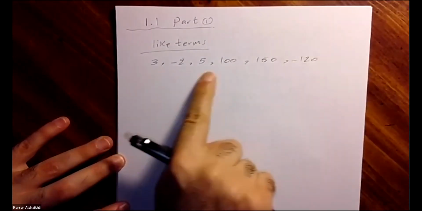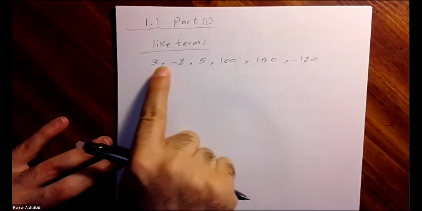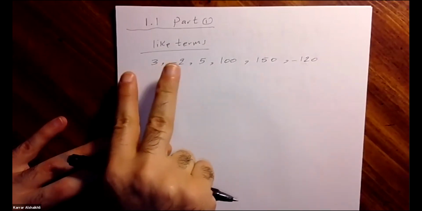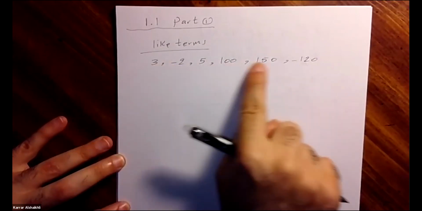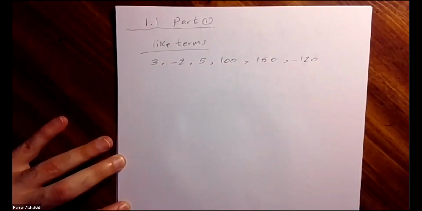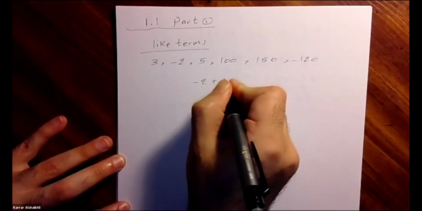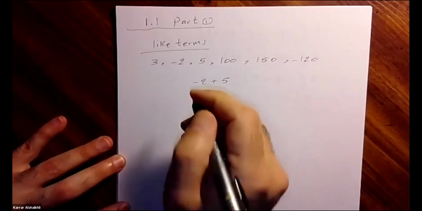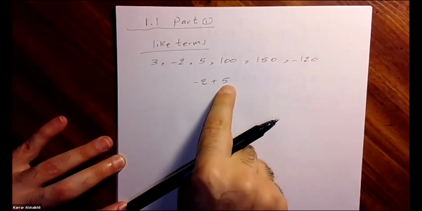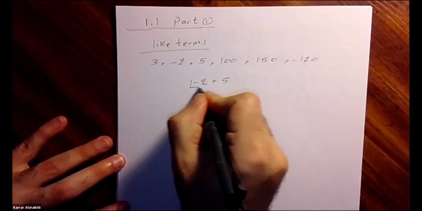You see all these are just a number by itself. So we can call these like terms. So for example, if we have -2 plus 5, I have just a number by itself and a number by itself, so I can combine these together.